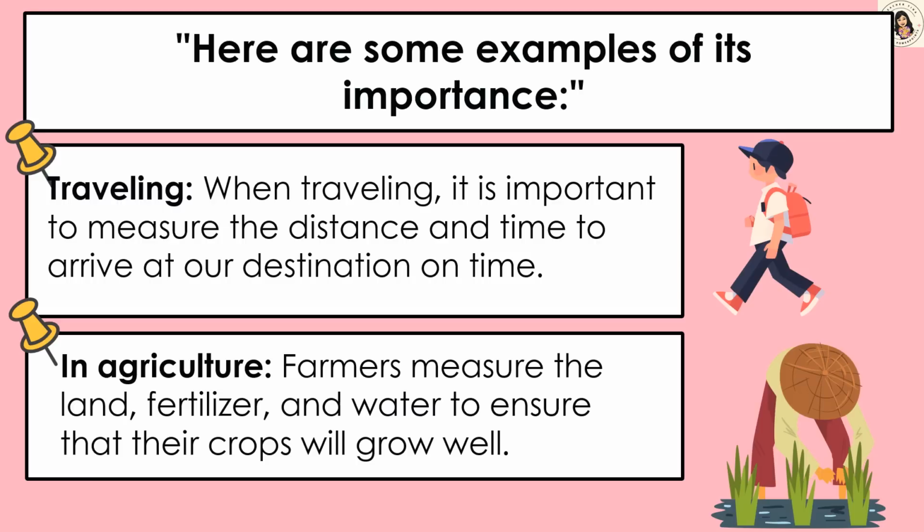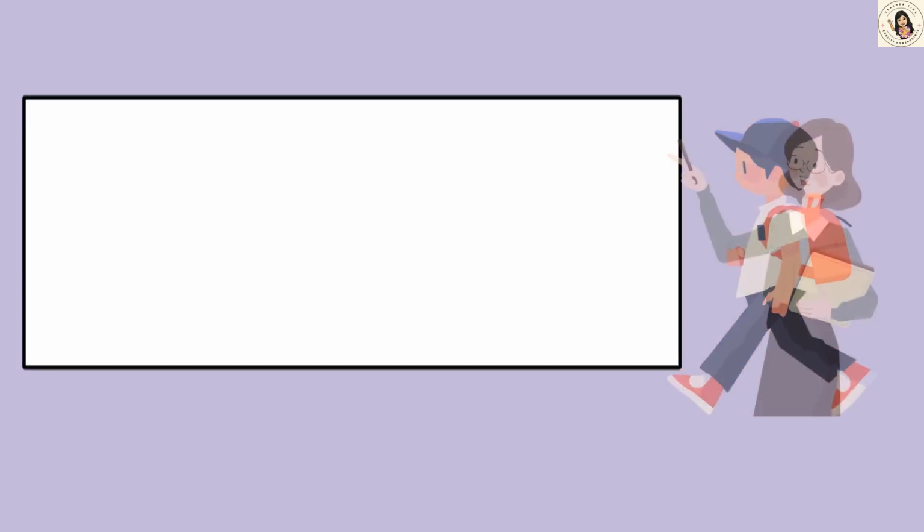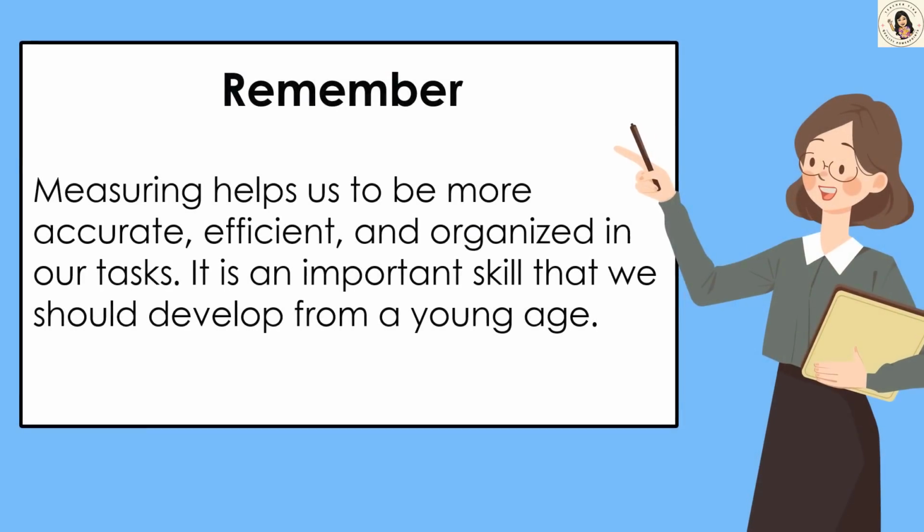In agriculture, farmers measure the land, fertilizer, and water to ensure that their crops will grow well. Remember, measuring helps us to be more accurate, efficient, and organized in our tasks. It is an important skill that we should develop from a young age.